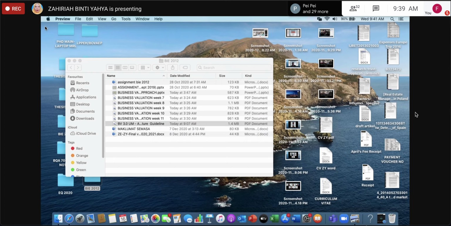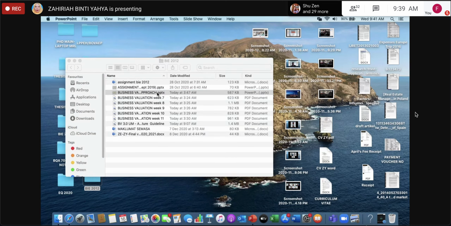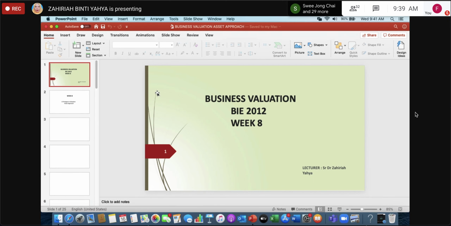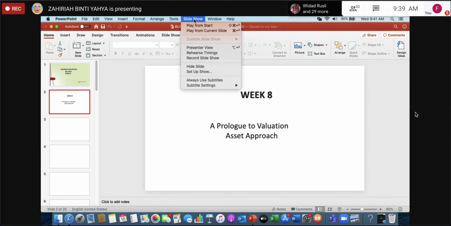Tutup teruslah. So we go to valuation using asset or cost approach. So I put slideshows.